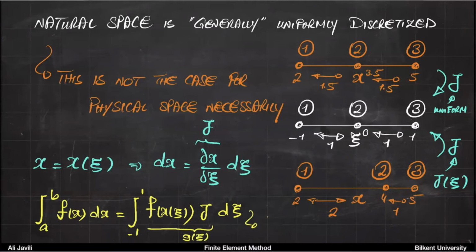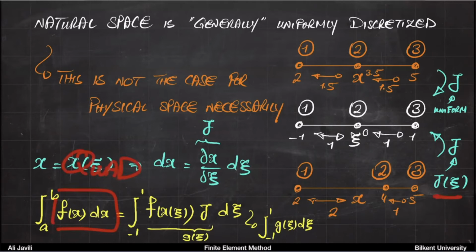This is where you want to do that integration from -1 to 1 of g(c) dc. And you can clearly see, having J a function of c will increase the order of g(c) compared to f of x. So in this case, if J is a function of c, for instance, in the example that we just looked at, this was a quadratic polynomial, right? But if we use a mapping which looks like this, a non-uniform mapping, the order of what we would integrate here is larger than quadratic.